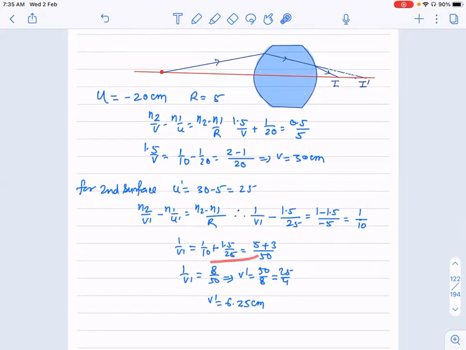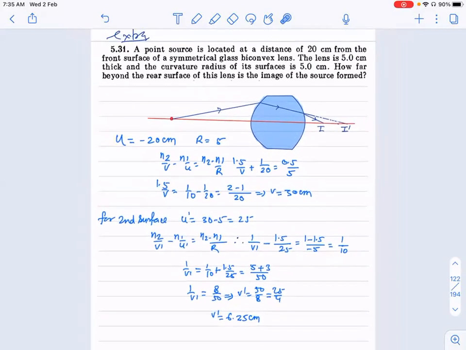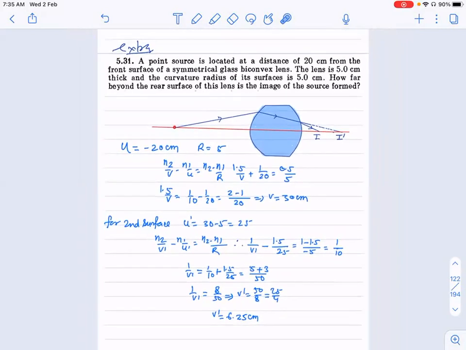So after solving, what we get is 6.25. So this is the extra information to you, but we cannot say it is out of course. We have the thin lenses in course, thickness is not given, but this is not the question of lens, it is the question of refraction at a spherical surface.